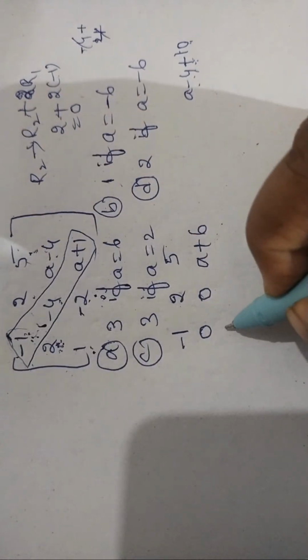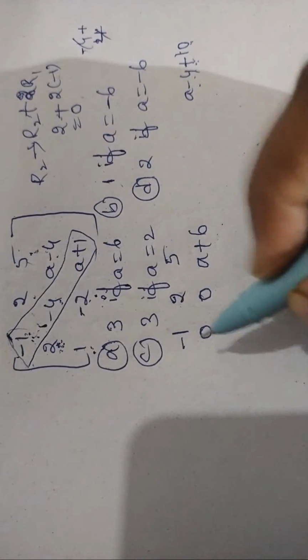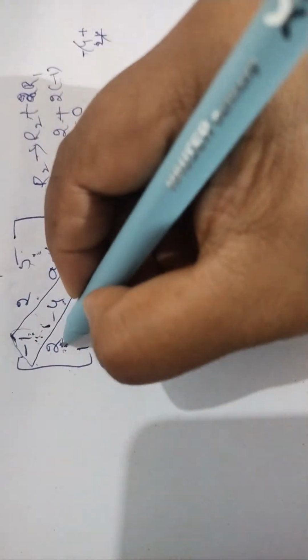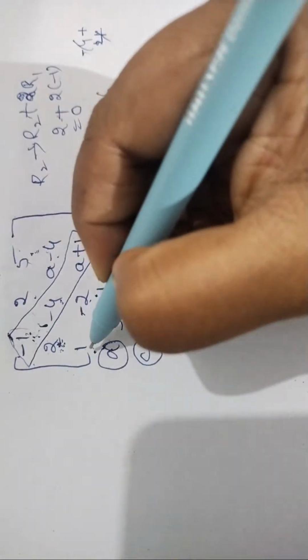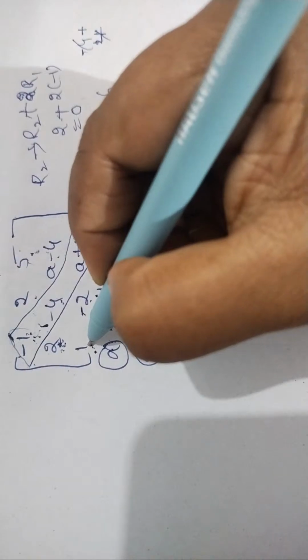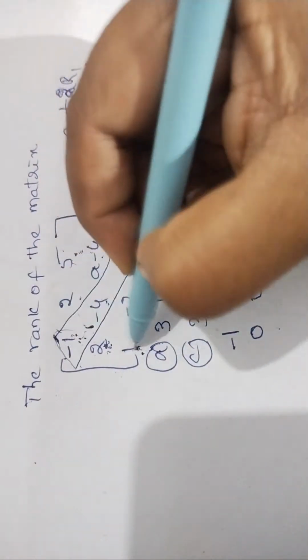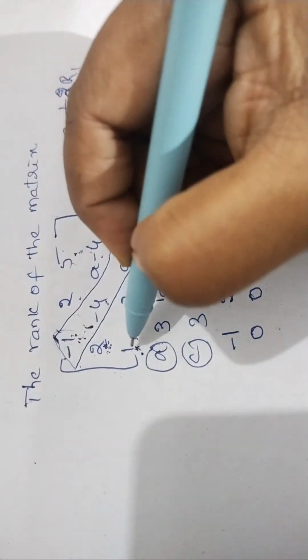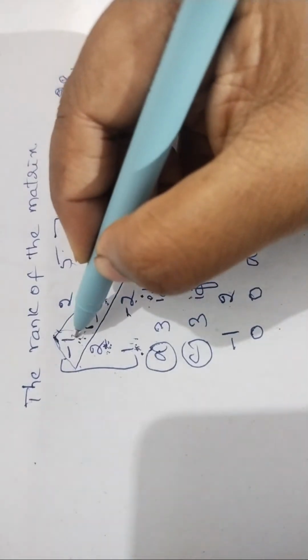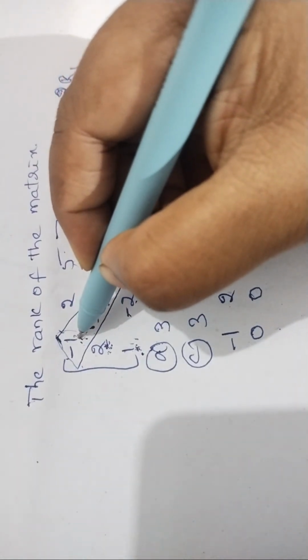Next, R3 is there. This element became 0. The next step is we try to make this element also 0. How do we make it 0? Suppose I add these two, R3 plus R1, then I will get 0.